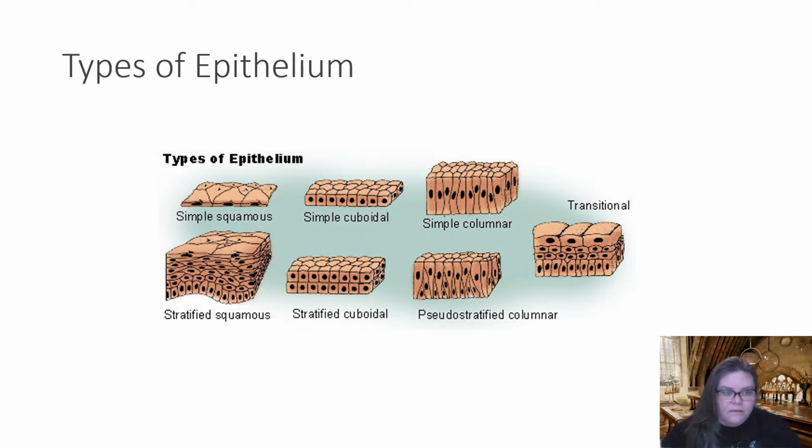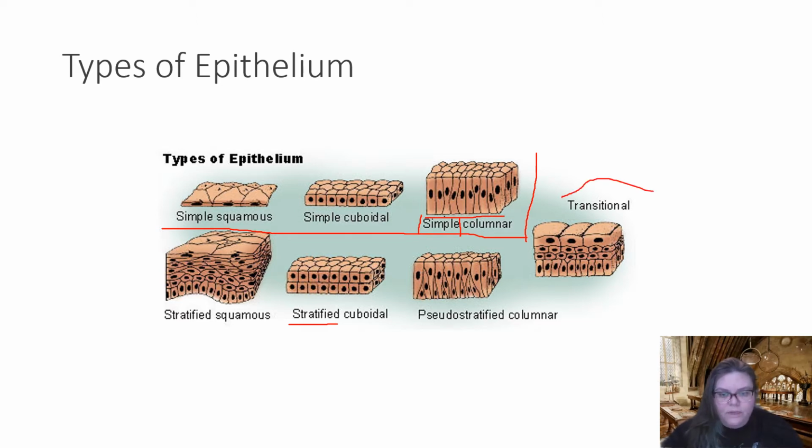Epithelial cells, you have different types. So your simple is one layered, just one single layer. So that's the simple version of it. Stratified means multi-layered.